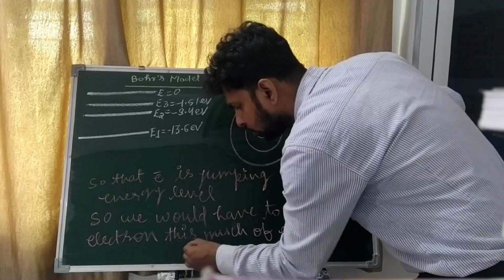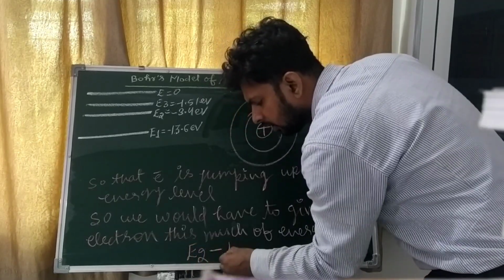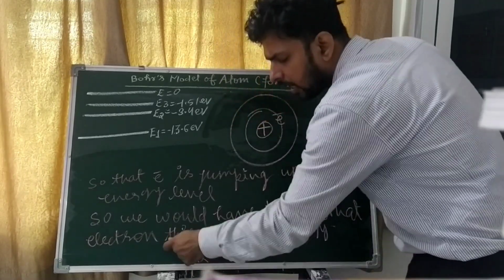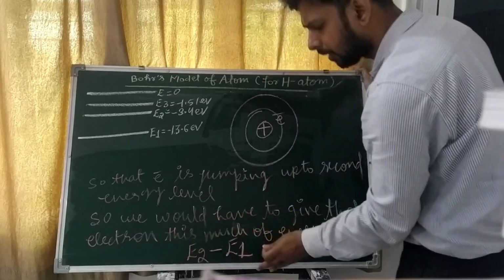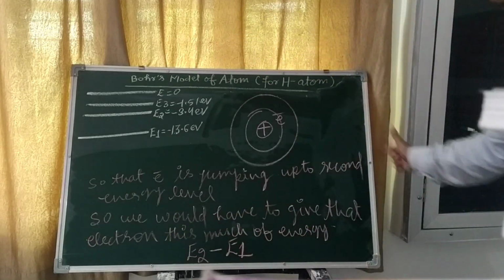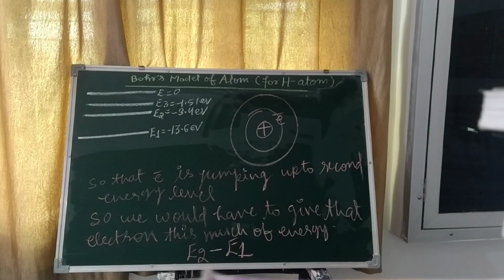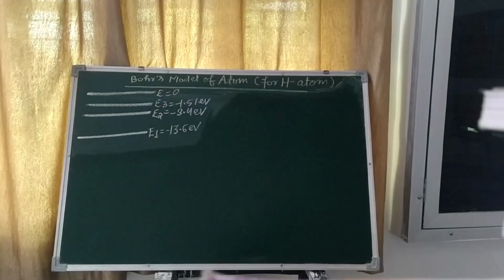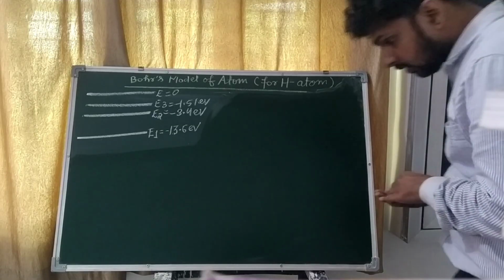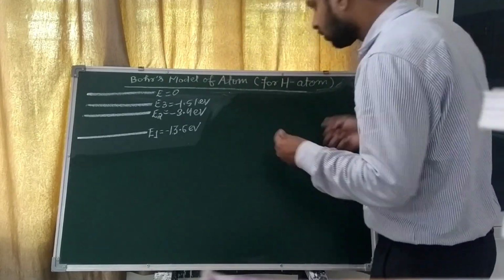It is E2 minus E1. E2 is higher, so from bigger value you will subtract the E2 minus E1. This much of the energy you will have to supply to that electron to go to the second cell. So the difference is 10.2 electron volt.